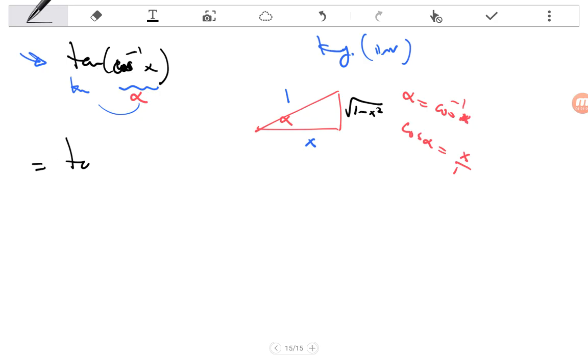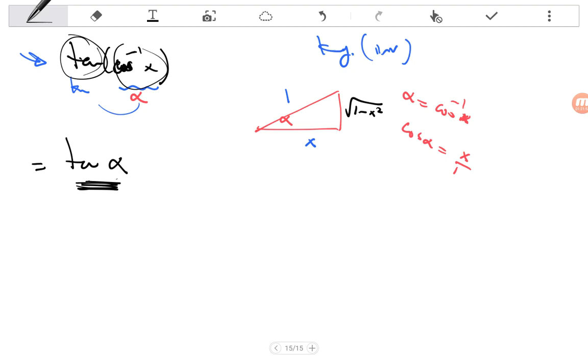What do I need to calculate? I need to calculate tan of alpha. Can I calculate tan of alpha? Whenever I have the triangle of alpha, I may find the value of any trigonometric function of alpha, whether tan, sec, cotan, or any other.